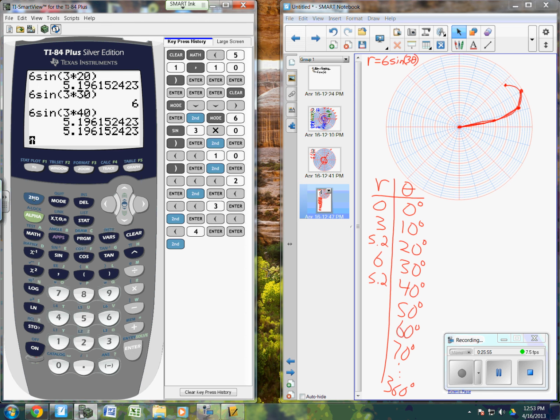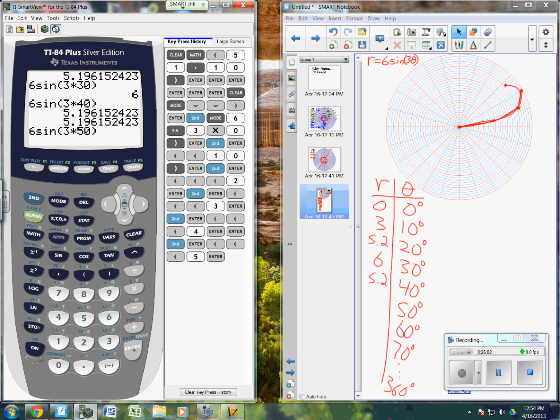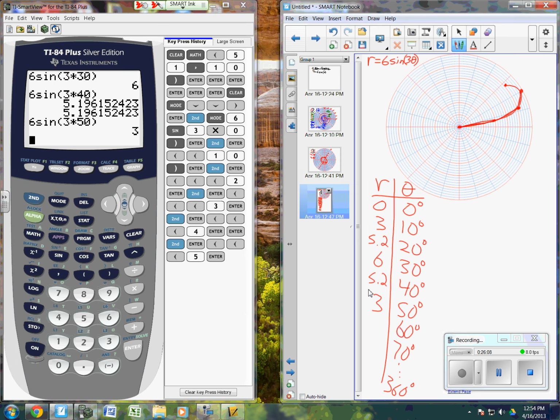And then I'm going to get 3 when I put in 50 degrees. So that's a 45-degree line, 1, 2, 3. It'll be about right there. I'm going to connect it to there, and I'm going to continue doing that.